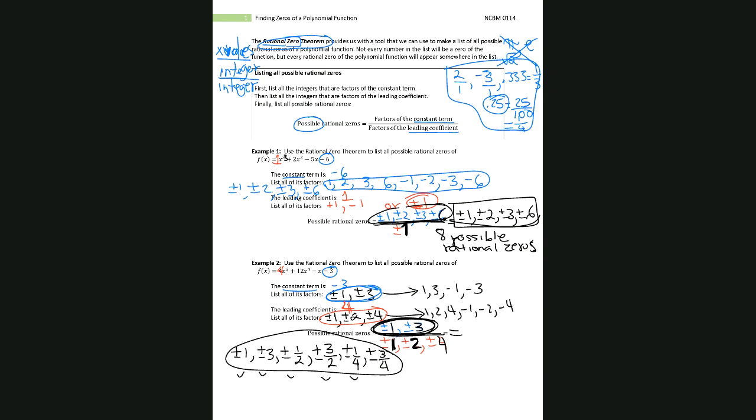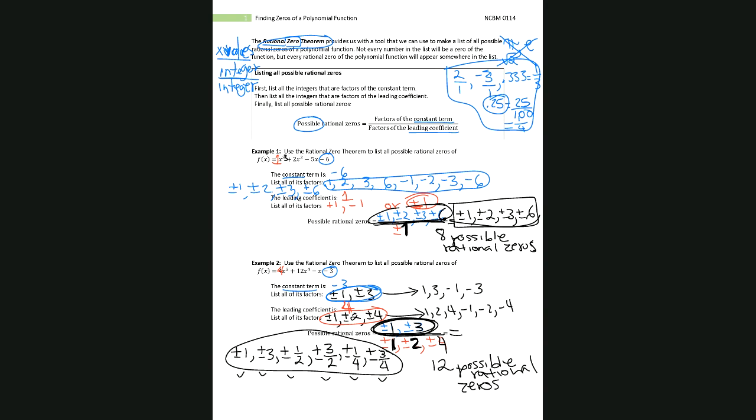And then if we count the negatives, we have a total of 12 possible rational zeros. Now, that doesn't mean all of those will be rational zeros because the degree of this polynomial is a 5, and that tells me that we could have at most 5 zeros.